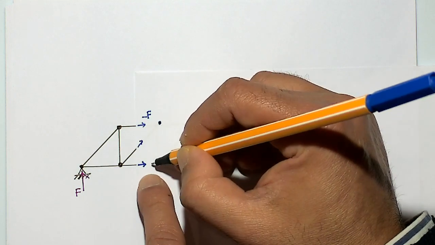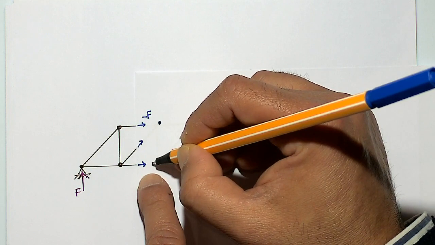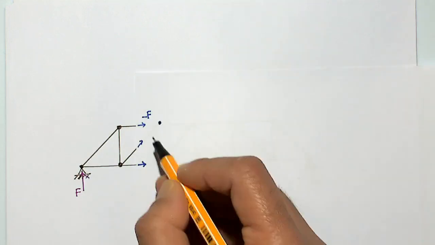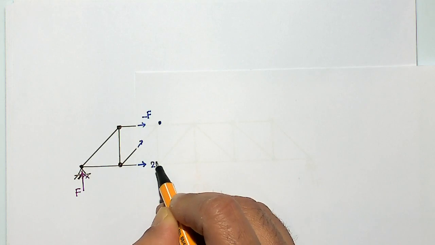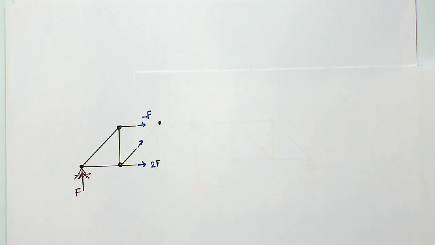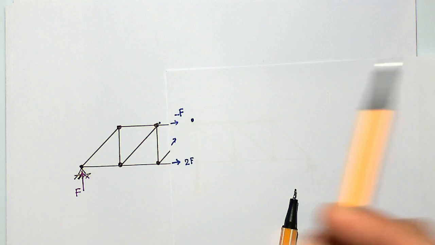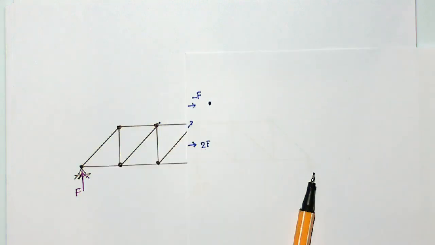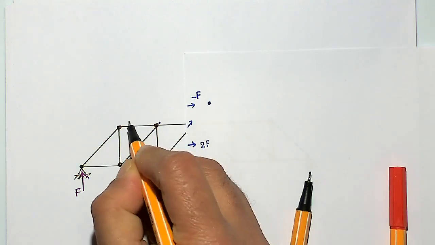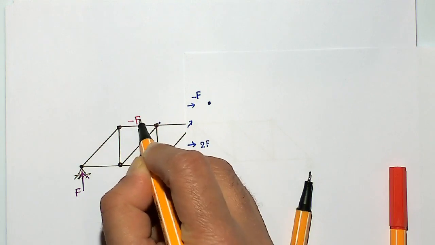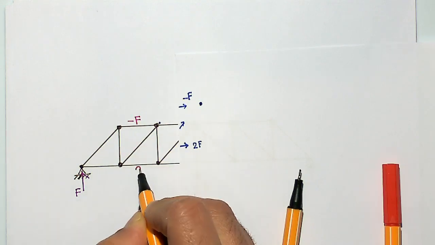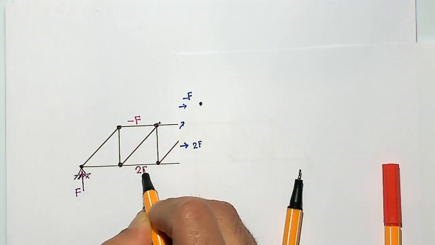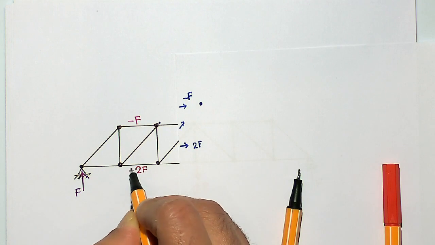So that means it would be twice F, right? Approximately. So if I write it down, this is minus F. So this is compression, and this is slightly higher force, let's say 2F, with tension positive.